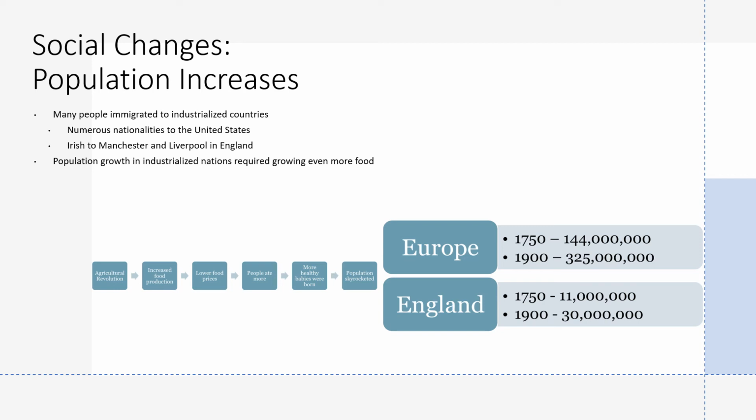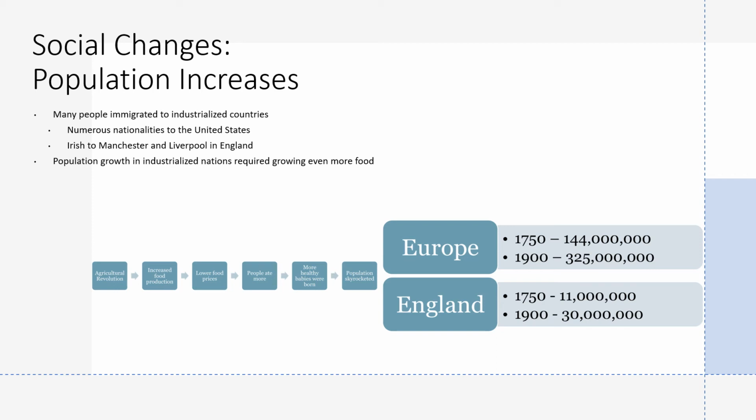And with these social changes, there is still that increase in overall population. Many people immigrated to countries that had industrialized. For example, the United States, one of the first countries to industrialize after England, had a lot of different nationalities.